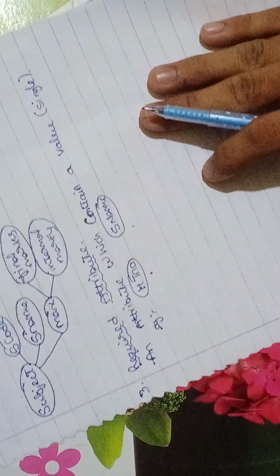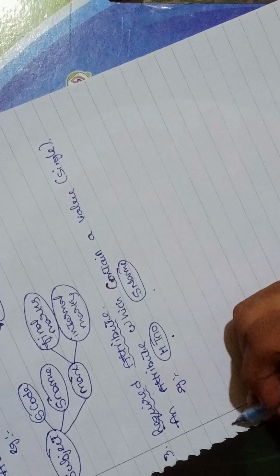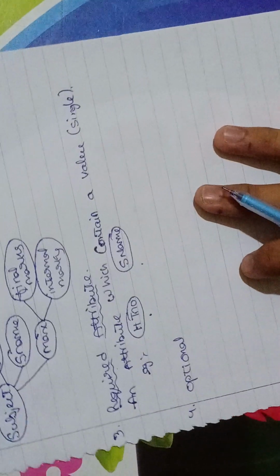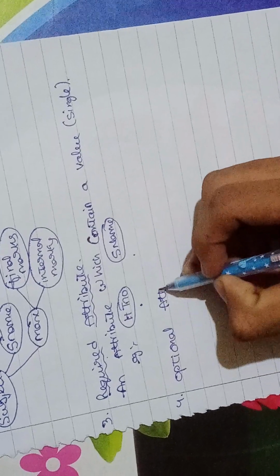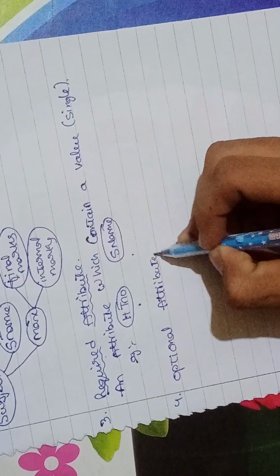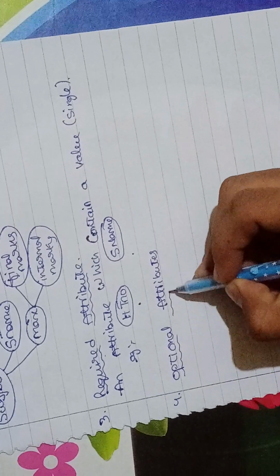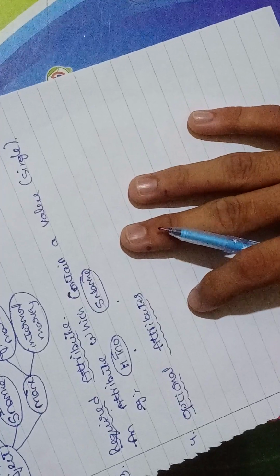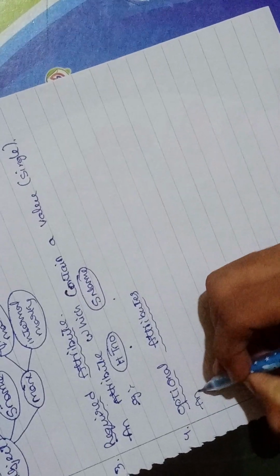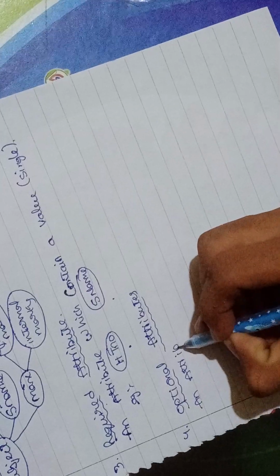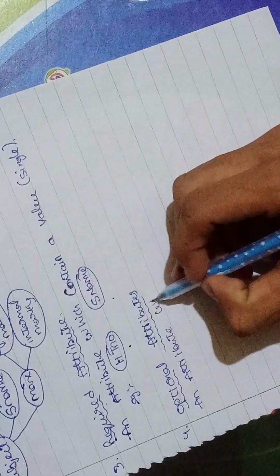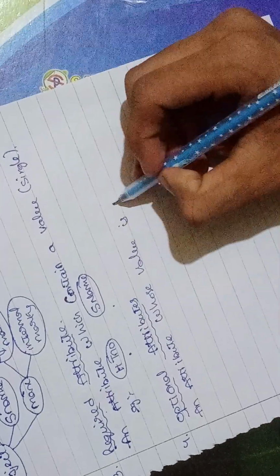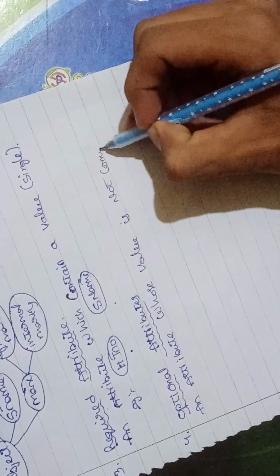The fourth one is the optional attribute, an attribute whose value is not compulsory.